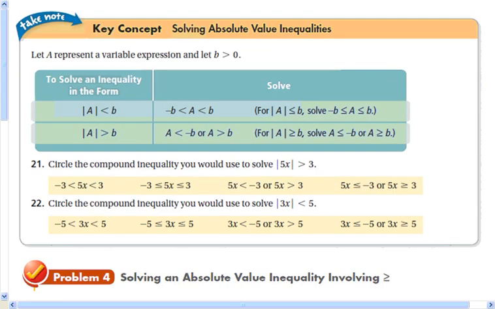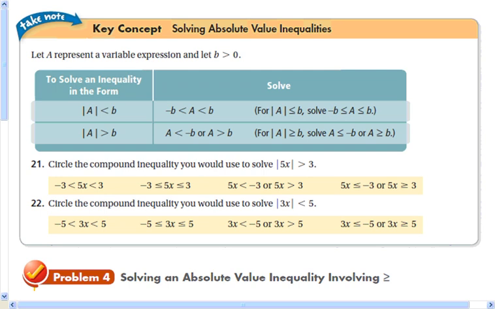All right, key concept, solving absolute value inequalities. To solve an inequality of the form the absolute value of a is less than b, that means that a is somewhere between negative b and b, so to have a distance from the origin to be equal or less than b units.